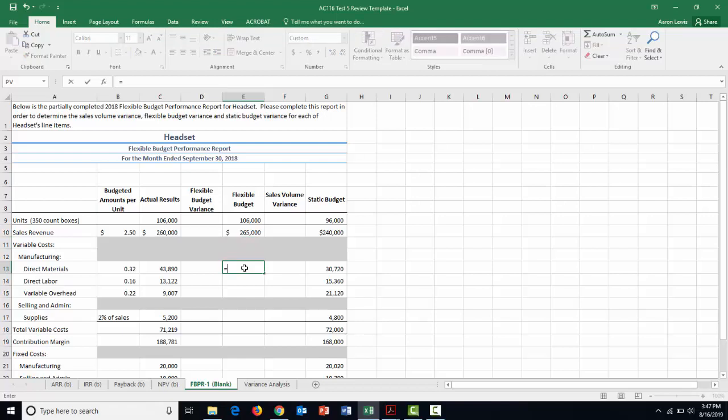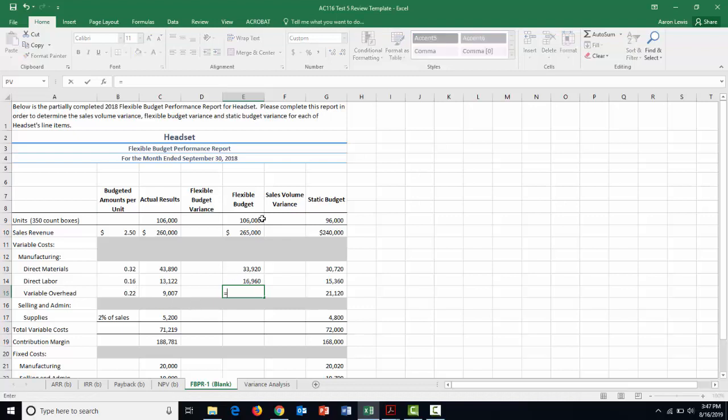For direct materials, we take that 106,000, we multiply it by that unit input, which is 32 cents worth of direct materials. We should have spent $33,920 in materials to make these 106,000 cases. We have to go up here, take the 106,000, and multiply that by our direct labor cost of 16 cents. We should have spent $16,960 in direct labor.